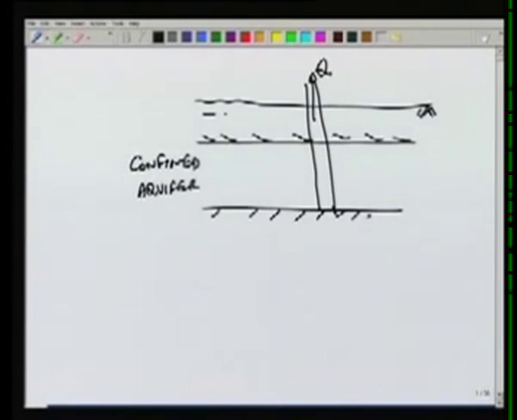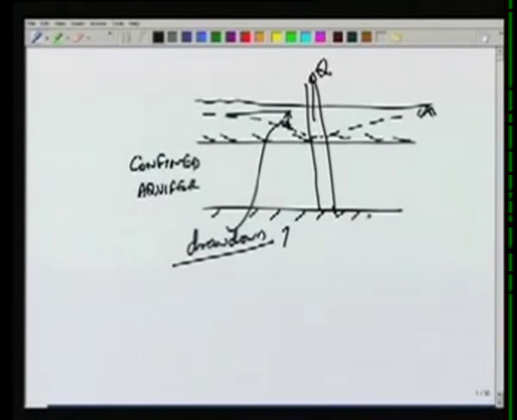As we have seen, the piezometric surface will go down as we start pumping, and the difference is known as the drawdown, typically denoted by S. So this S, as we have seen, is proportional to Q because we have assumed that the flow is laminar.